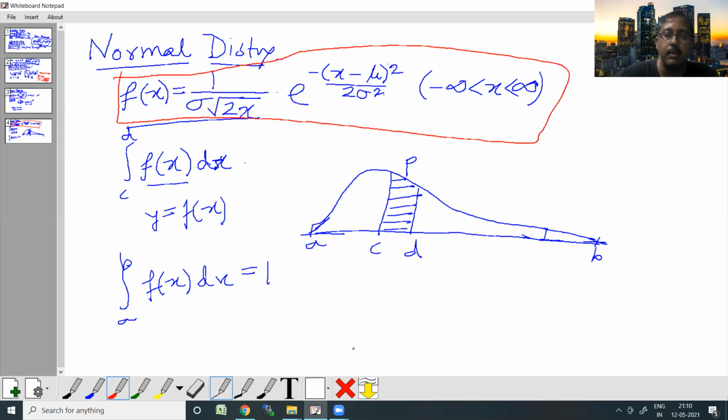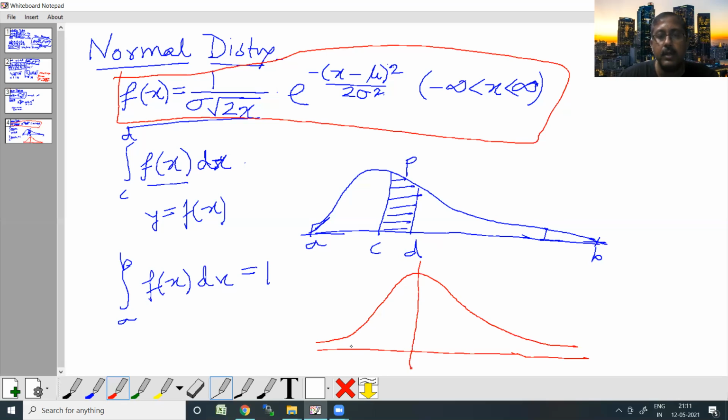In the case of a normal curve, this is how it looks. It's a symmetrical bell shape, where this is the middle of the bell, and it extends from negative infinity to positive infinity.